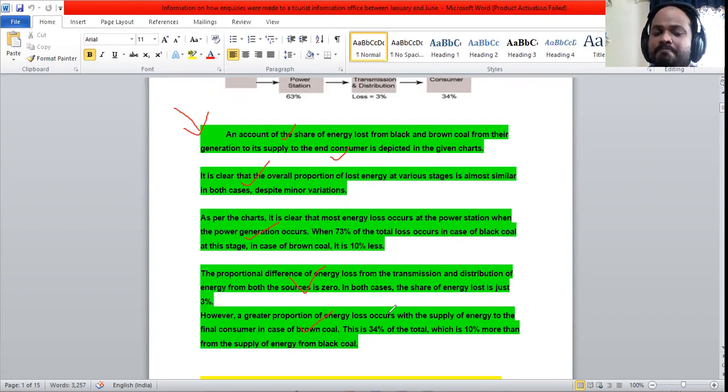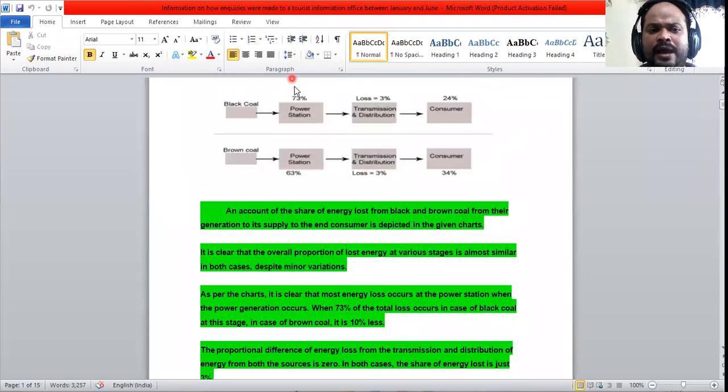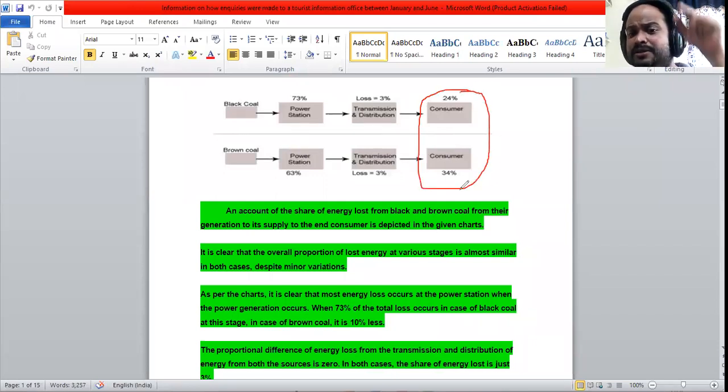I don't have a specific idea. Let's move on to the picture once again and see. I don't have a specific idea how this 24 or 34% is lost, when the consumer is using this thing or when it is supplied to this thing. I can say that when it reaches the final customer, the ultimate consumer, the energy is lost.